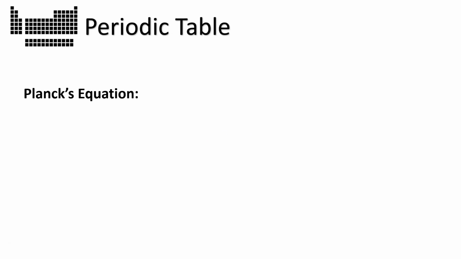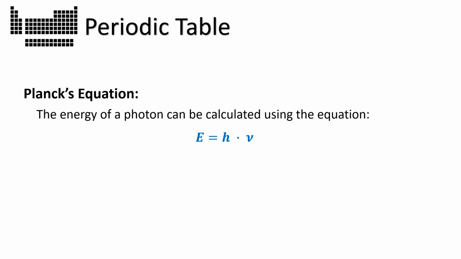And that gives our last mathematical relationship known as Planck's equation, where the energy of a photon can actually be calculated. The symbol for the energy of that photon is the capital E. Sometimes I like to write a little subscript, E photon, because that's what we're going to be solving for here. To solve for that E, or that energy, you have to know the frequency of the wave in hertz, or 1 over seconds.